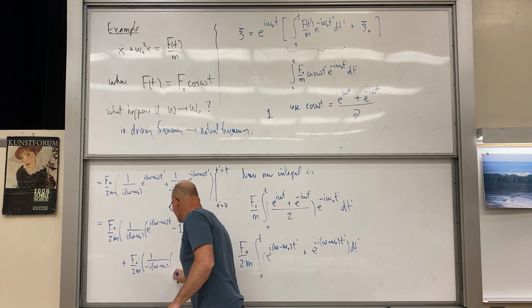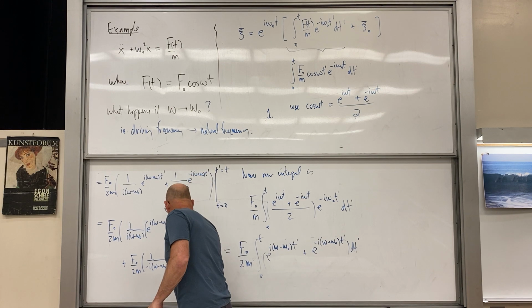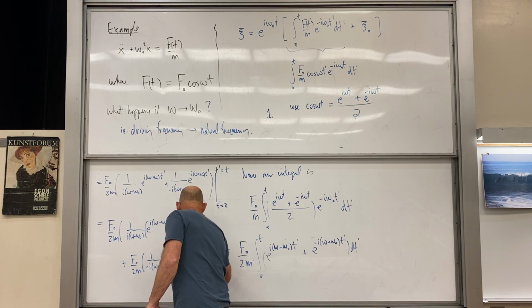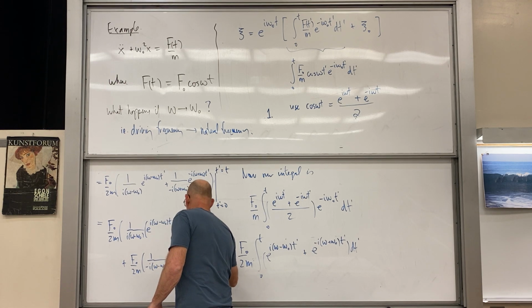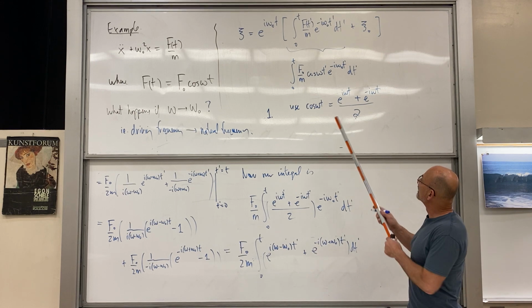Close parentheses there. E to the minus omega plus omega naught t minus 1, close parentheses. So there is our integral.